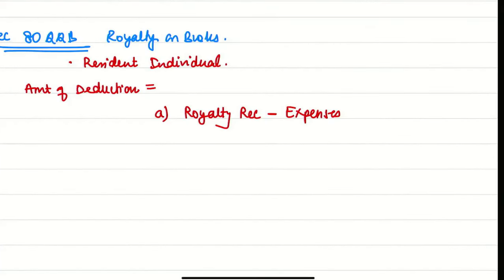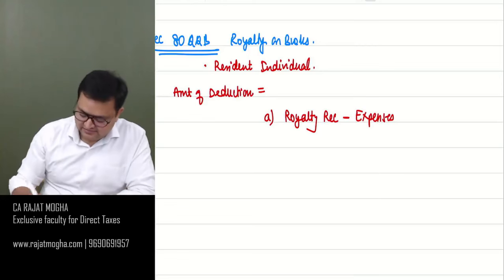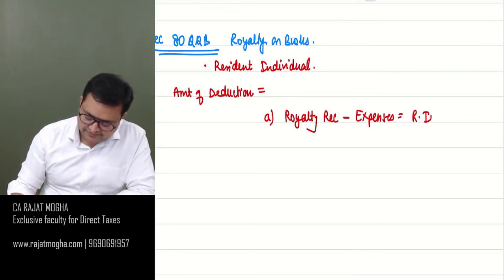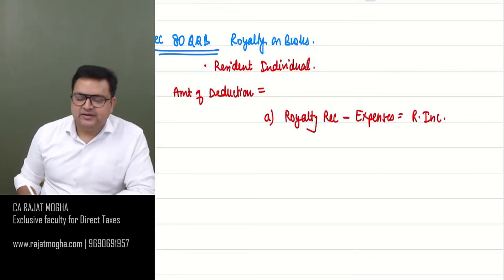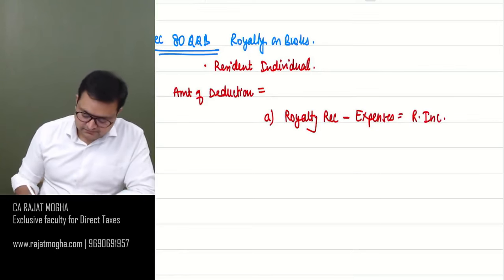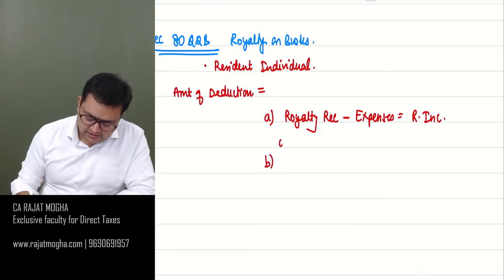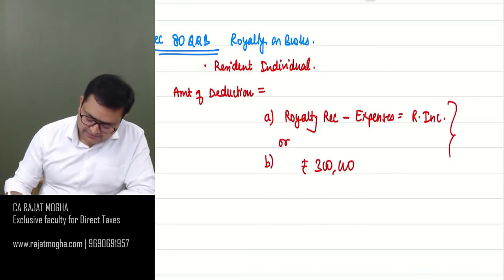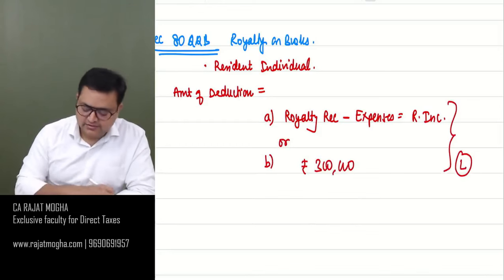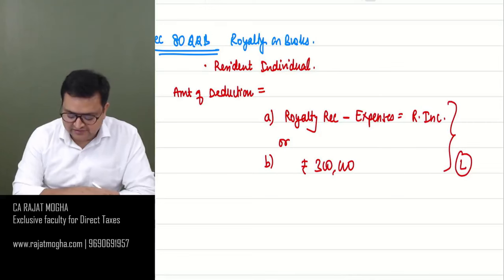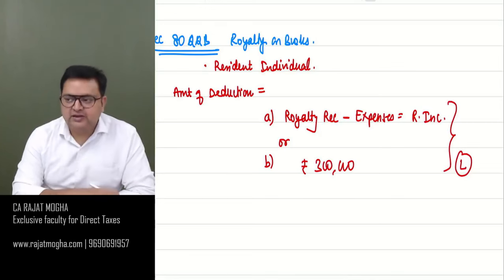That I can say is royalty income. Or B, rupees 3 lakh, whichever is lower. This is the deduction in 80QQB.